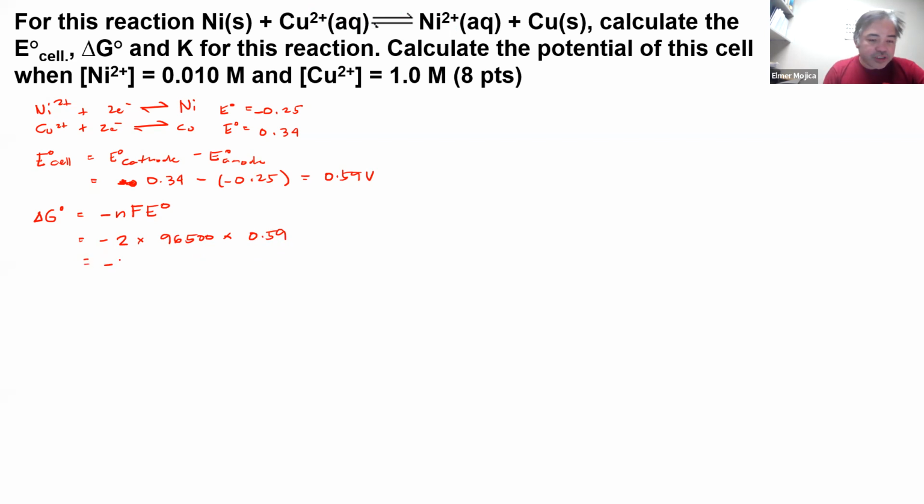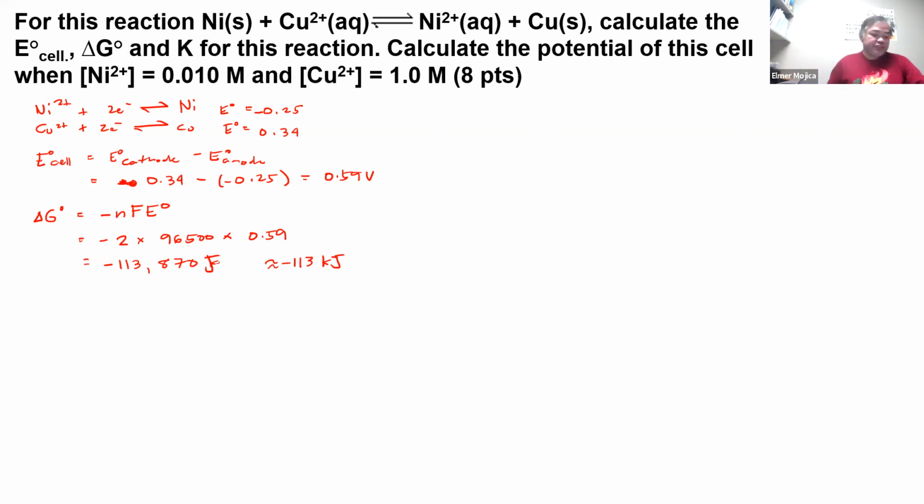It's going to give you a number around negative 113,870 joules, or around 113 kilojoules. It's negative, which means it's spontaneous.